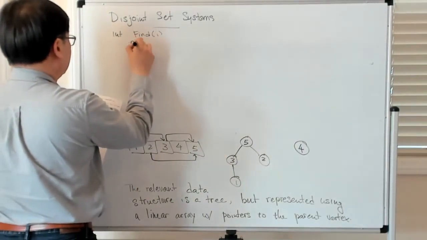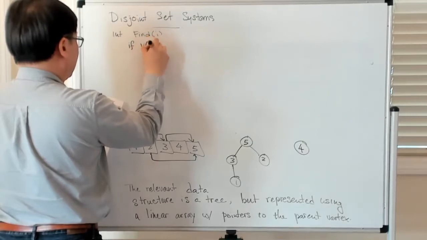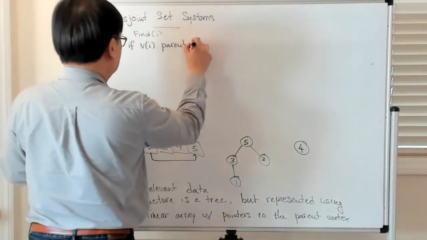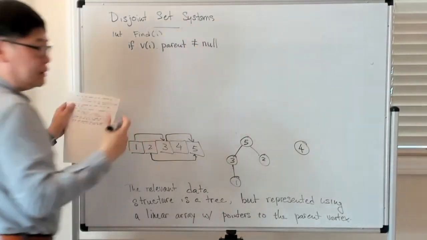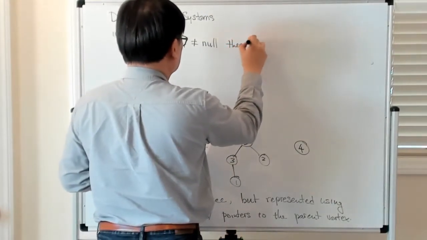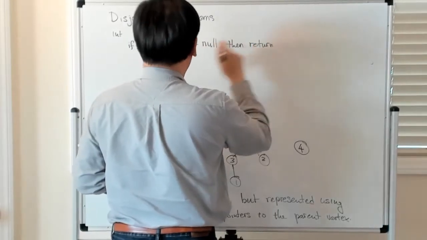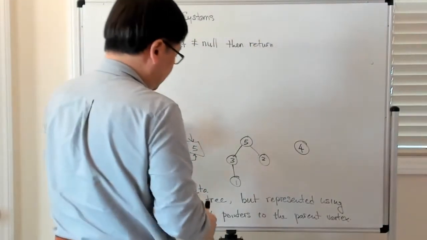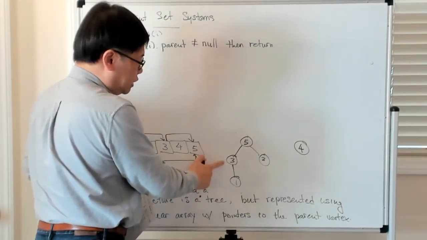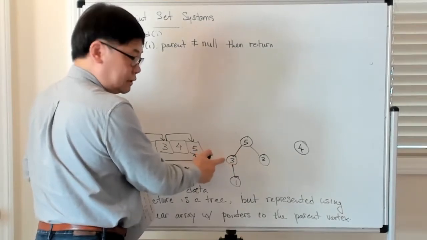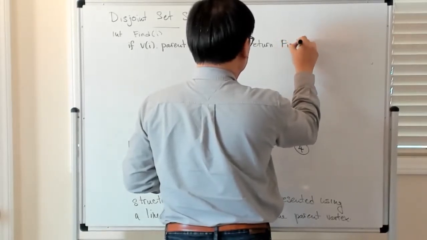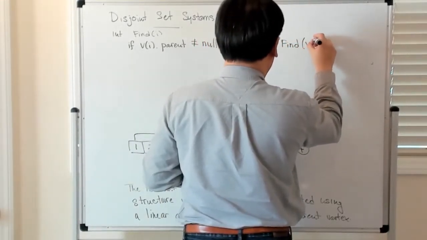So if the ith vertex's parent is not null, right? So that means it's not the root of a tree, okay? Then you return the find of that parent, okay? So if this is not a root, then you apply the find routine to the parent, okay? So you're doing recursion here, okay?